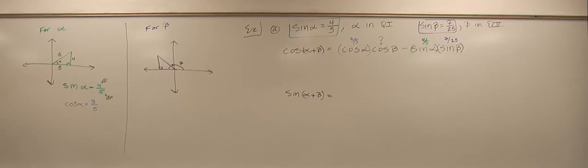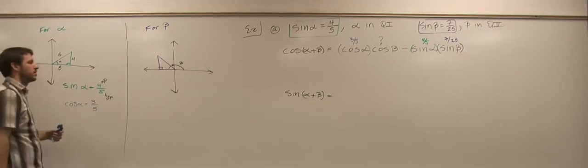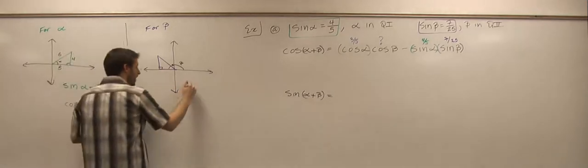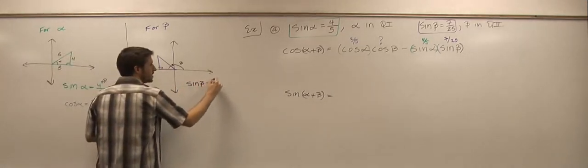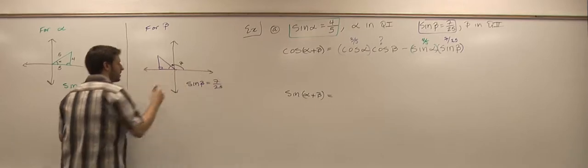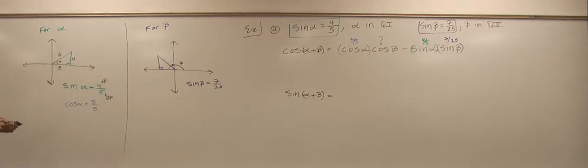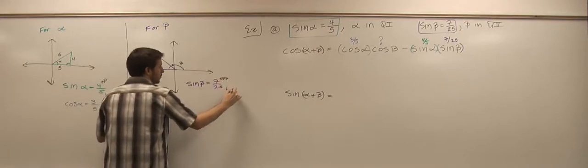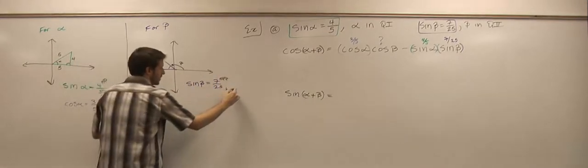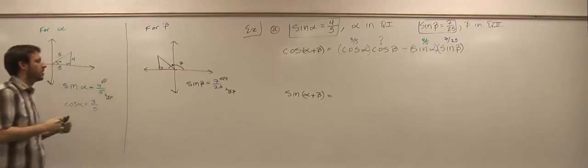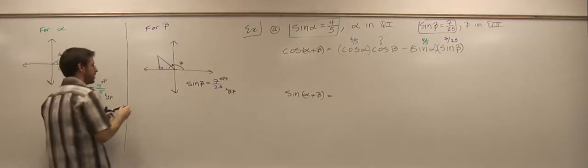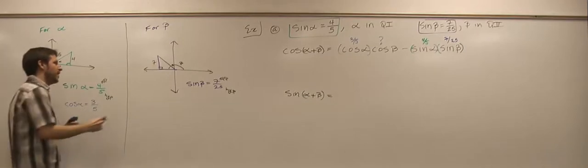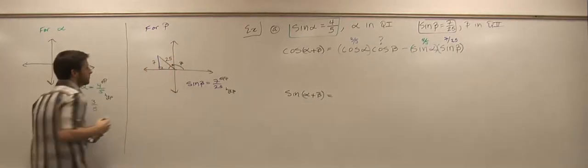How do I label it? Again, I use sine. I know sine beta is equal to 7 over 25, so I know opposite and hypotenuse. Opposite is 7. Hypotenuse is 25.